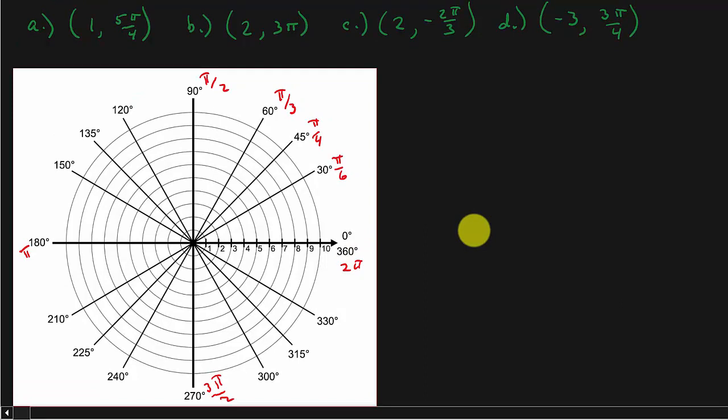All right, so let's see how we plot these points. We've got the point (1, 5 pi over 4).